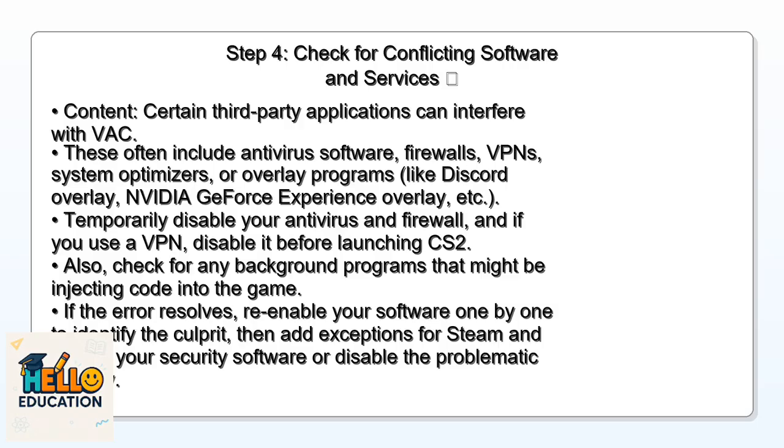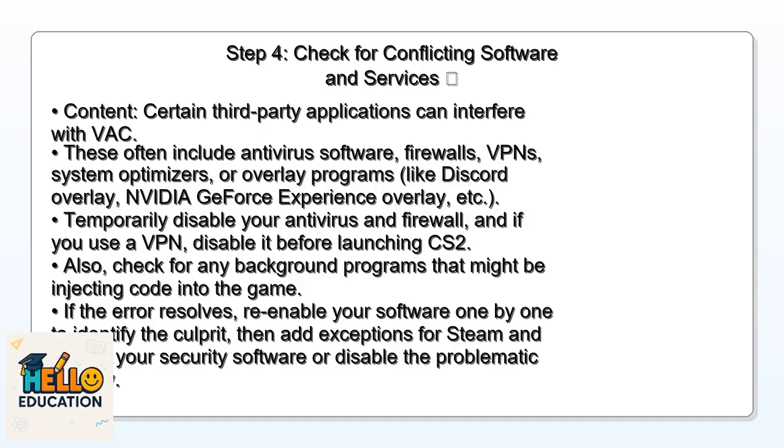VAC. Step: check for conflicting software and services. Certain third-party applications can interfere with VAC. These often include antivirus, software firewalls, system optimizers, or overlay programs like Discord Overlay and NVIDIA GeForce Experience Overlay.